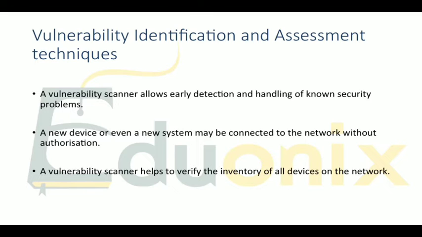So a new device or a new system may be connected to the network without authorization. A vulnerability scanner can help identify rogue machines which might endanger overall systems as well as network security. And a vulnerability scanner helps to verify the inventory of all devices on the network. The inventory includes device types, operating system versions, as well as patch levels as well.